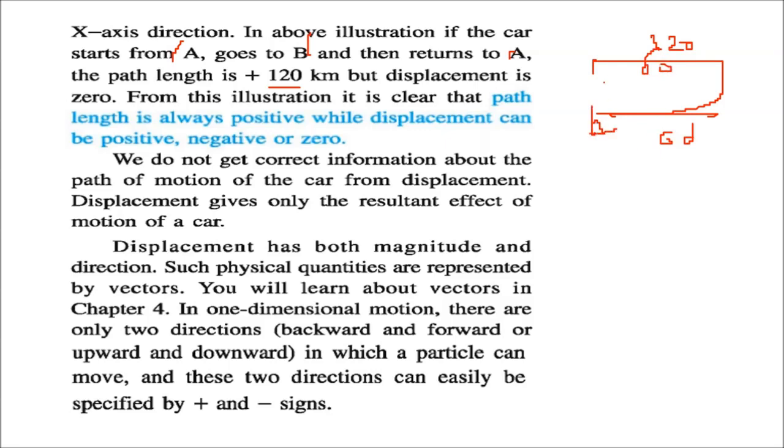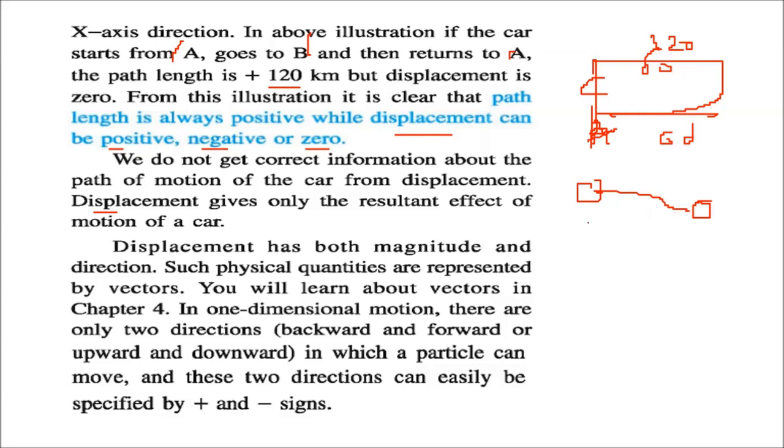But this is A, and the final position is C, and A and C are in the same position, that is the displacement is 0. So path length is always positive, while displacement can be either positive or negative or 0. Okay. So displacement is just the resultant effect of motion of the car from where it started and where it ended.